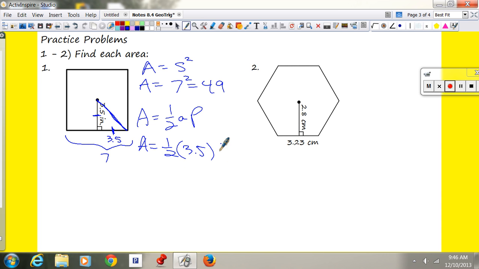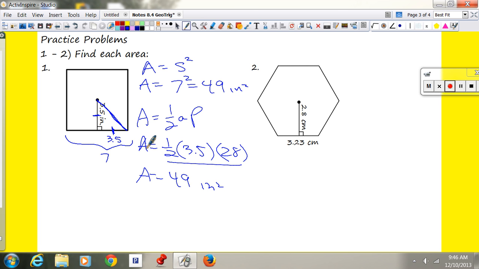My perimeter is how much in that square? 7 plus 7 plus 7 plus 7. 7 times 4 is 28. So you multiply all these together, and you would still get 49. Either way, you're going to get 49 square inches. Both of them give you the same.